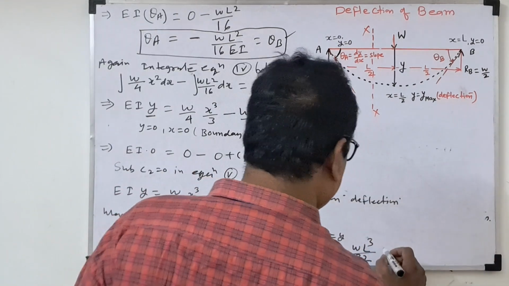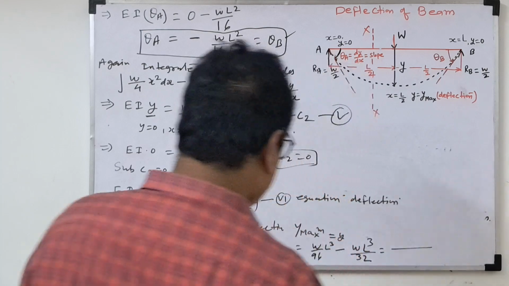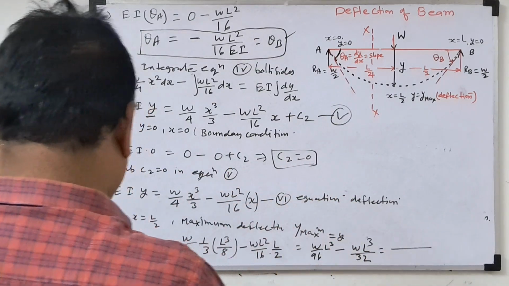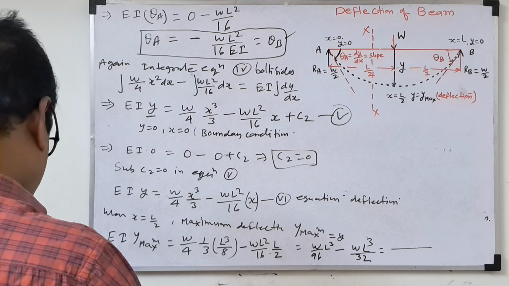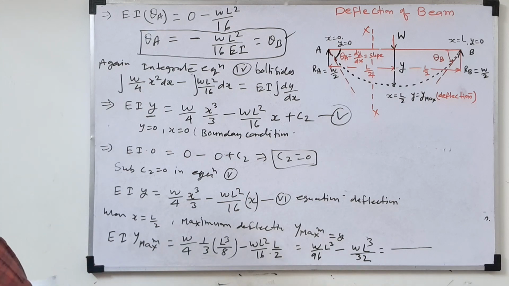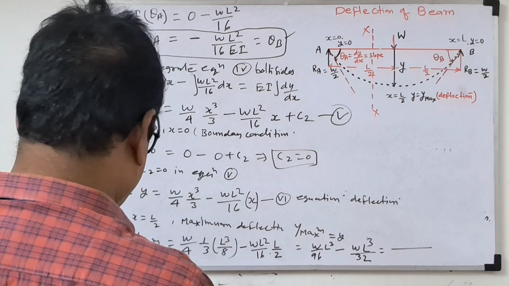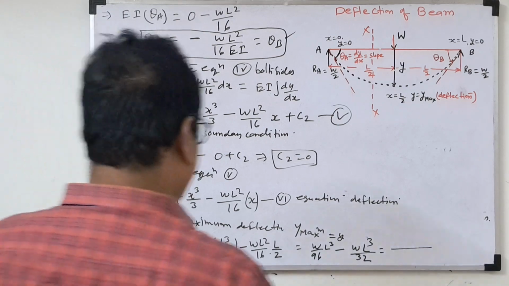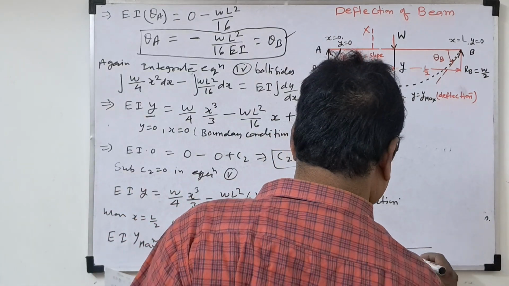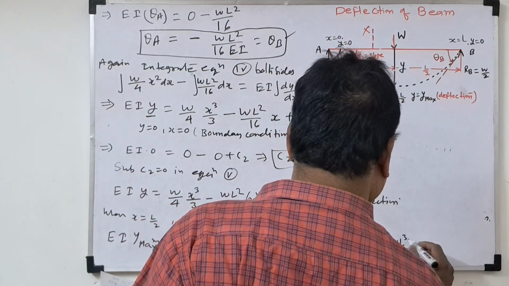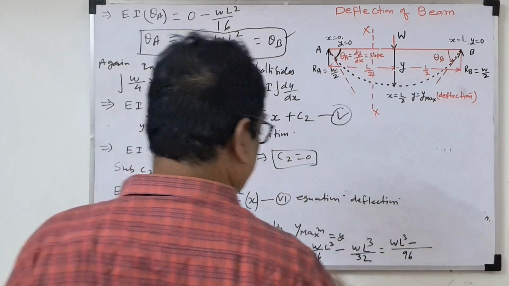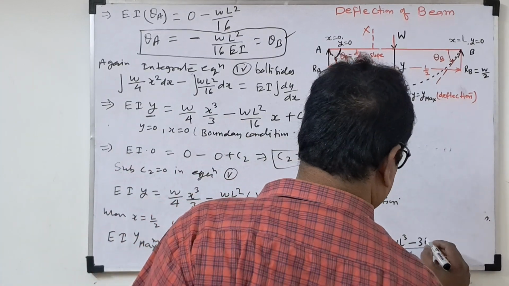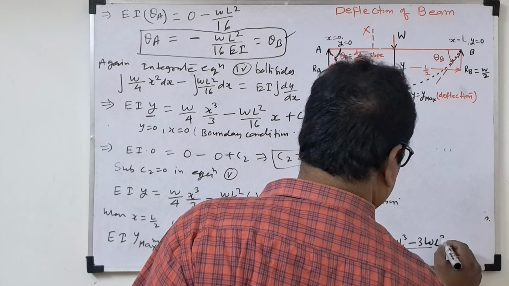Now we will subtract here. LCM we will take 96. So here WL cube minus 32 into 3 times, that is 3WL cube, over 96.